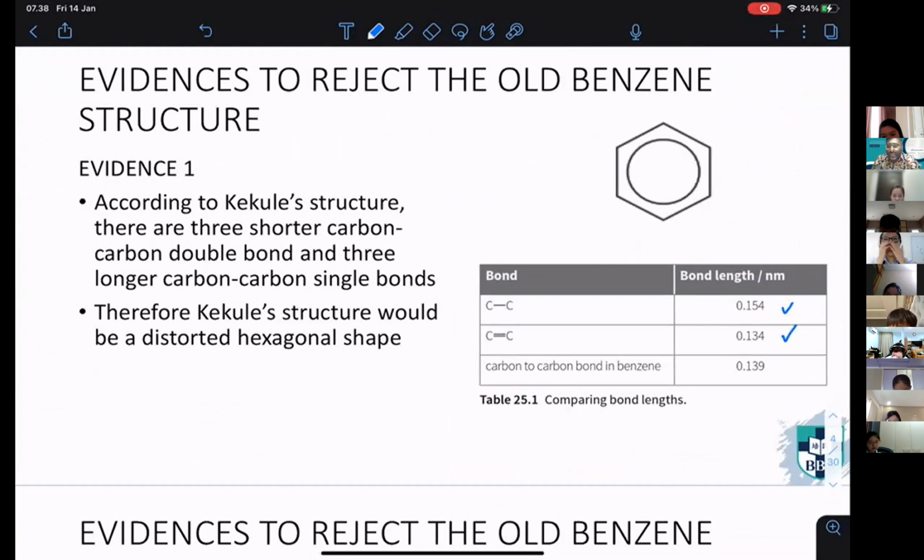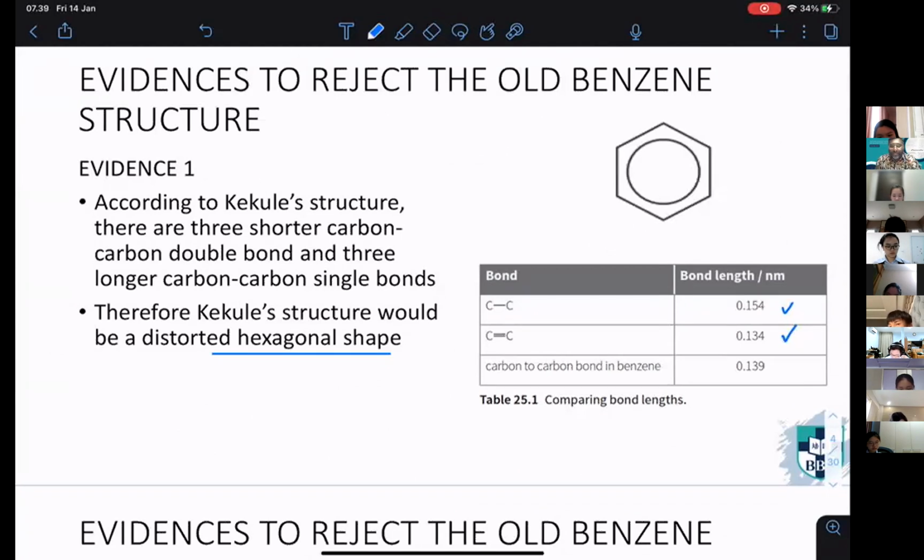If you put them together, it will not give you a perfectly symmetrical hexagonal structure. You are going to get a distorted hexagonal shape. Therefore, the benzene structure with the 3 double bonds is rejected.